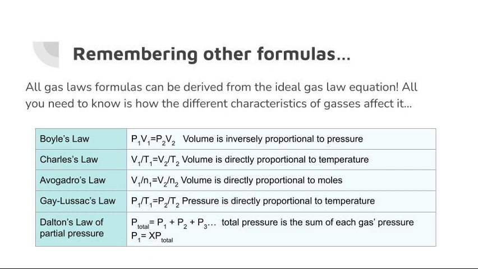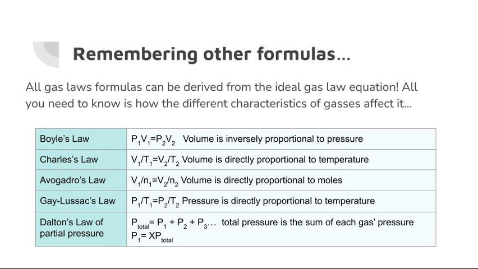For example, in Boyle's law, volume is inversely proportional to pressure. This occurs when temperature and moles are kept constant. Think of a real-life example where this is true. Think about a balloon, for example. If you put the same amount of air into a bigger balloon as a smaller balloon, the smaller balloon will have a higher pressure than the bigger balloon.